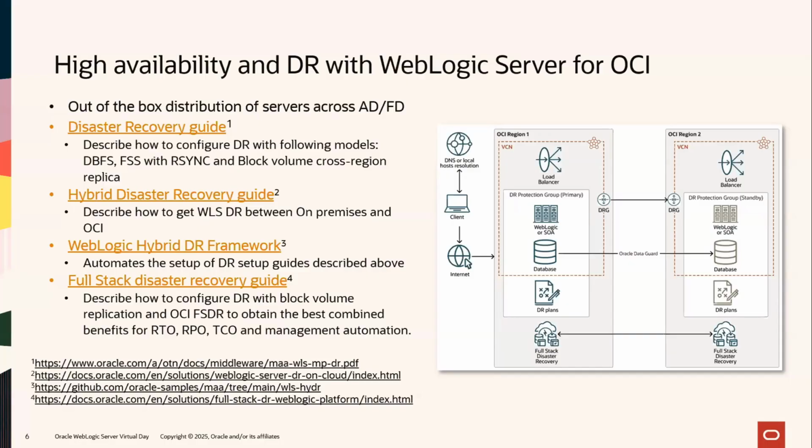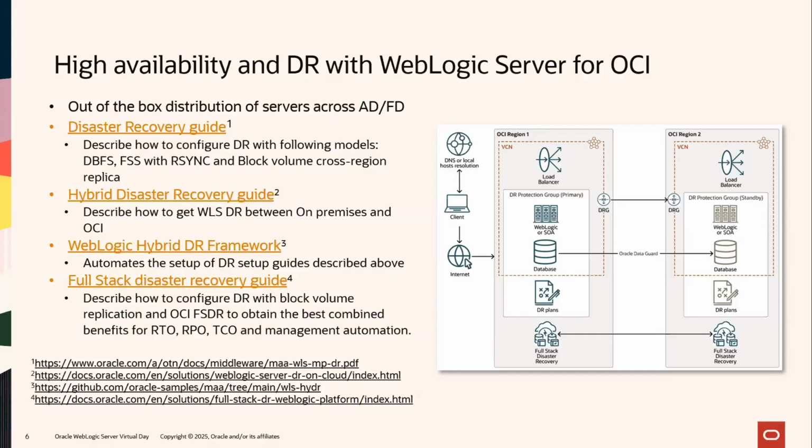So the first disaster recovery guide that you see on the top describes how you can create a secondary site, a replica, in another region within OCI. It gives you multiple choices and options to select. And if you choose to do that, then you can go to number 4.